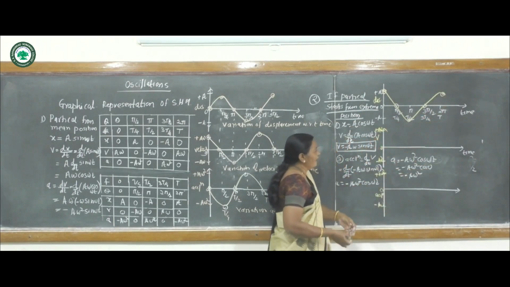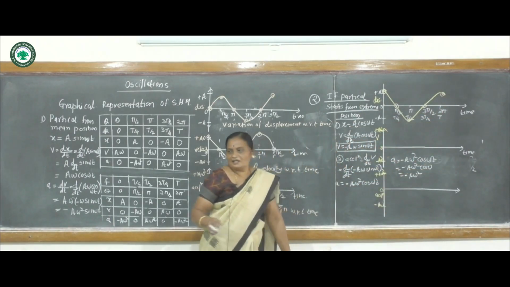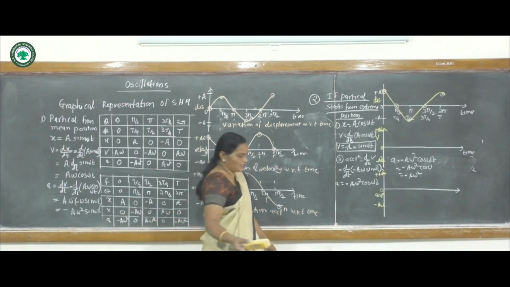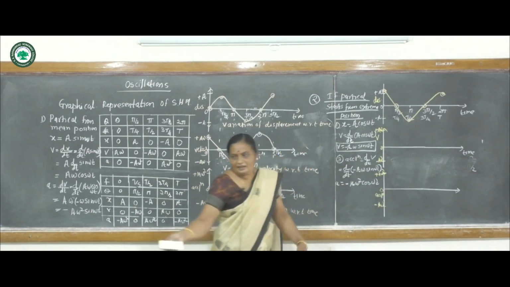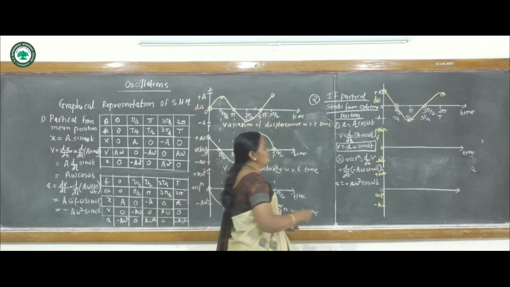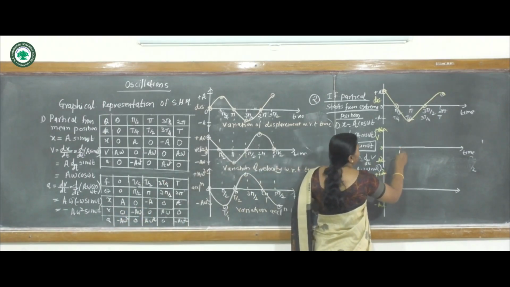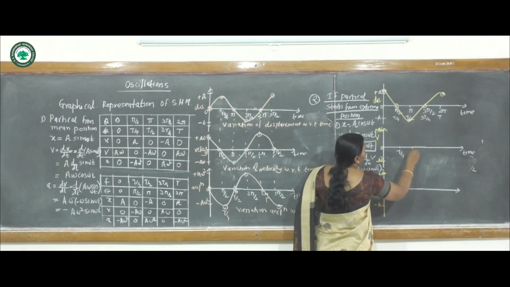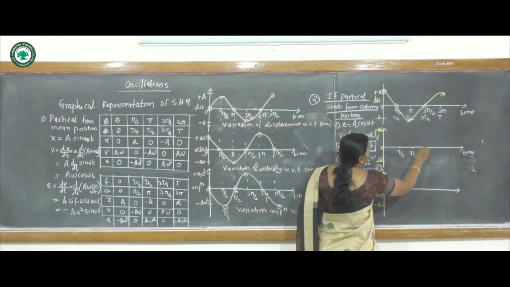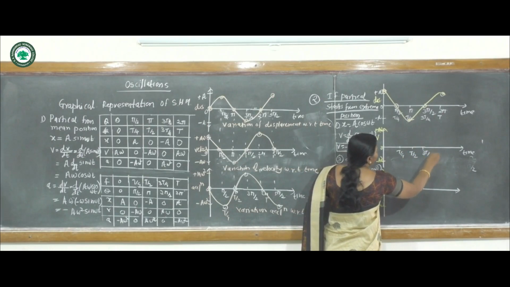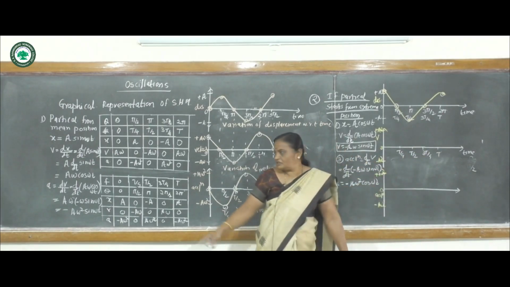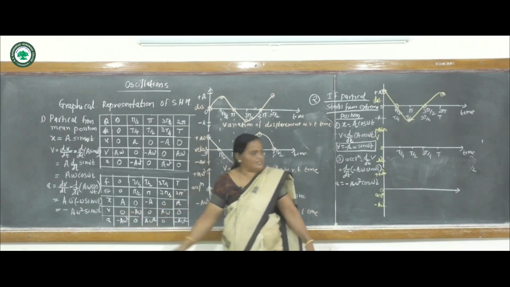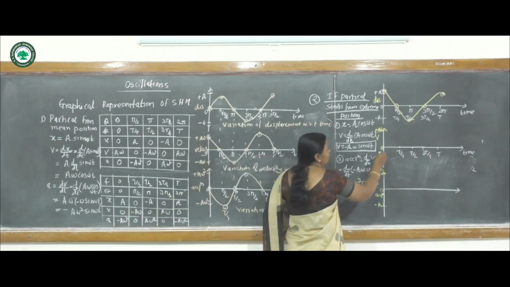Now see the graphical representation of velocity. Consider the time, here we can take T by 4, T by 2, then 3T by 4, then T. Now see the first value of velocity, it is 0.